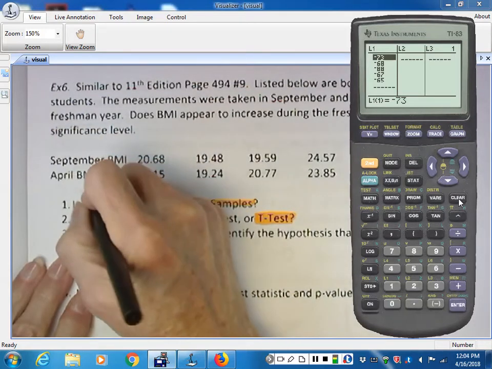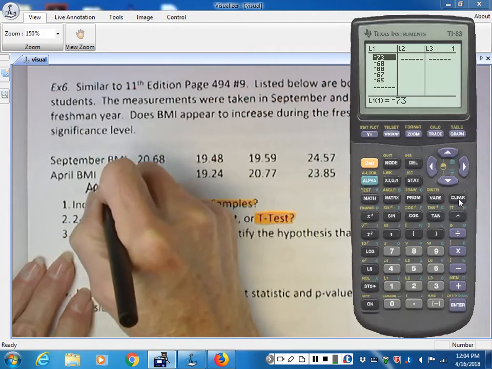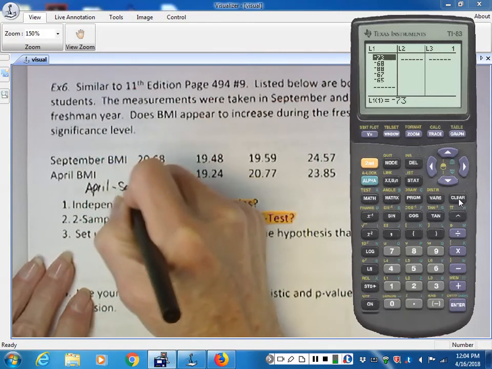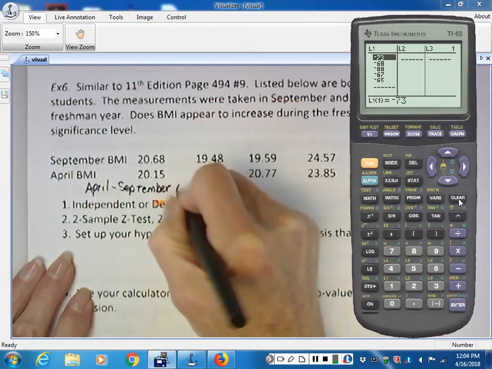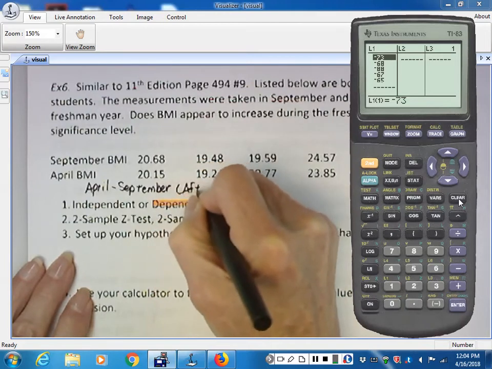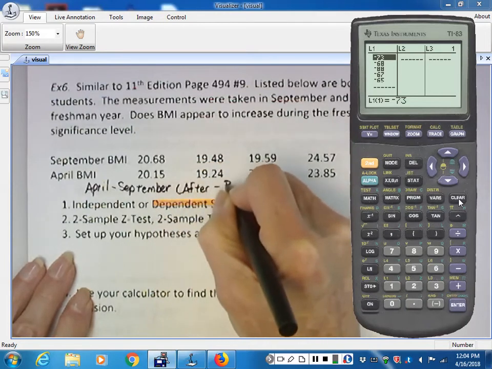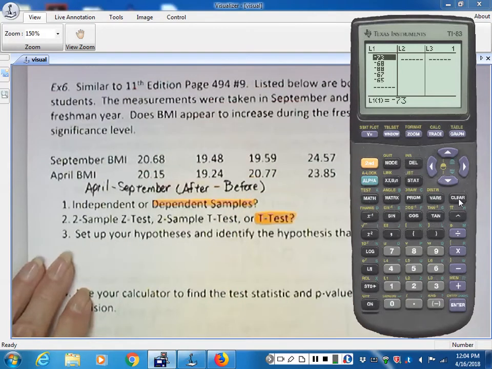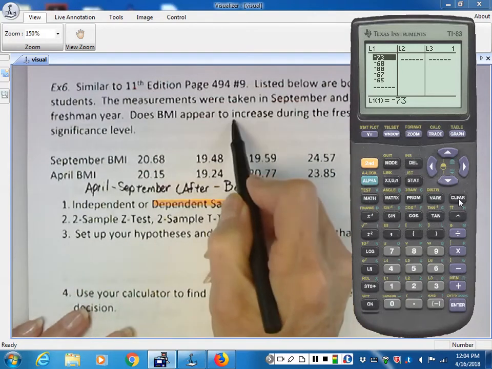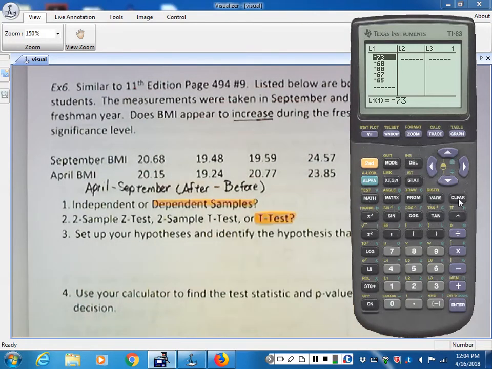So it's going to be April minus September. Because if there's going to be an increase, then the after has to be higher than the before.